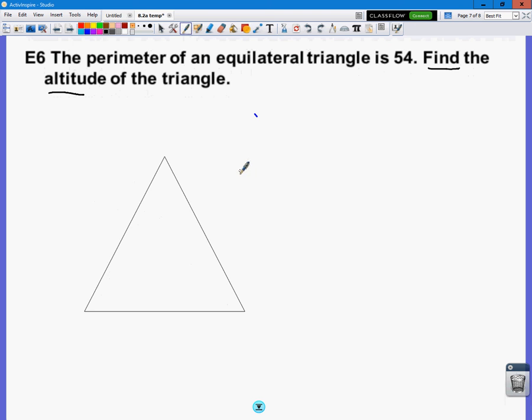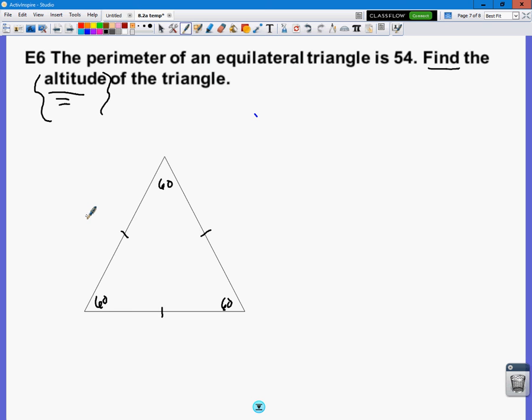If the triangle is equilateral, we know all the sides are the same. And how big is each one of the angles then? 60 degrees. Now remember, when we were talking about this last chapter, and I said that these words weren't going to go away, we need to know what an altitude is.